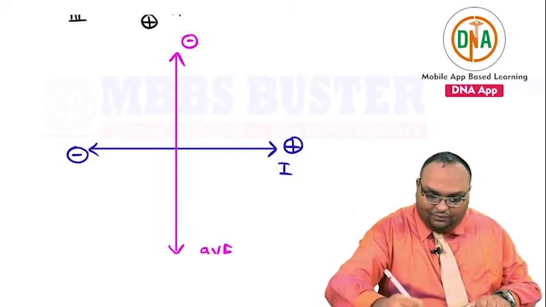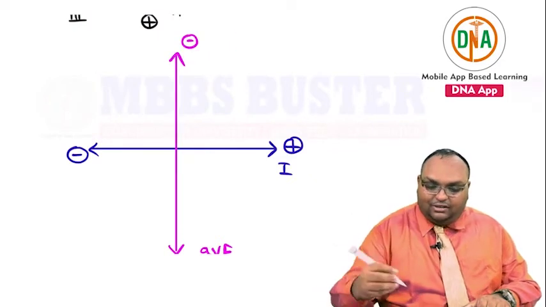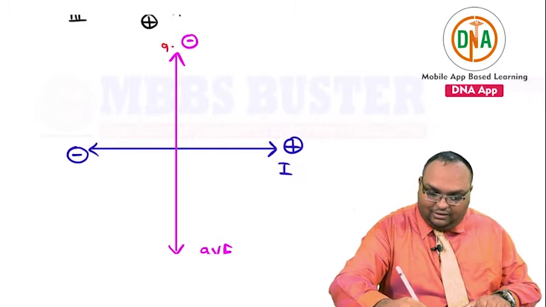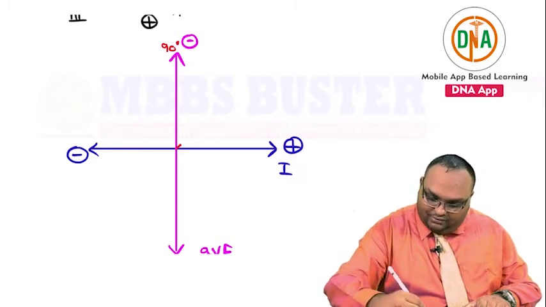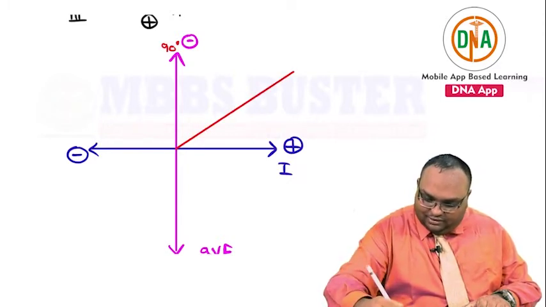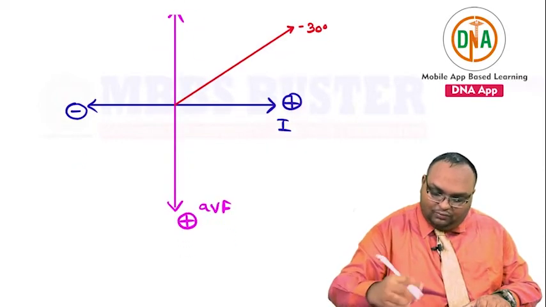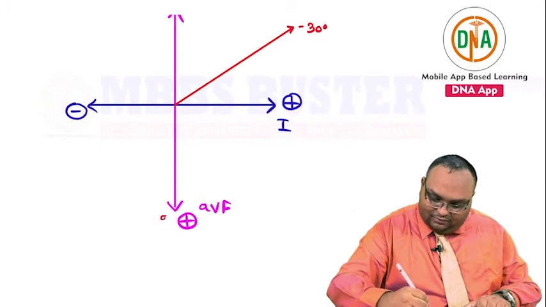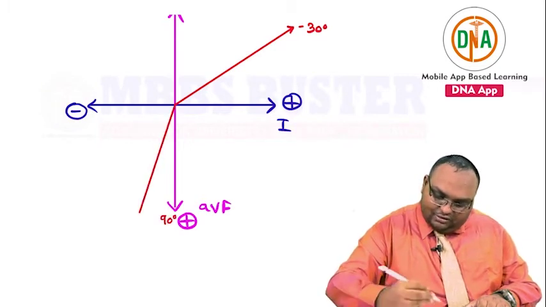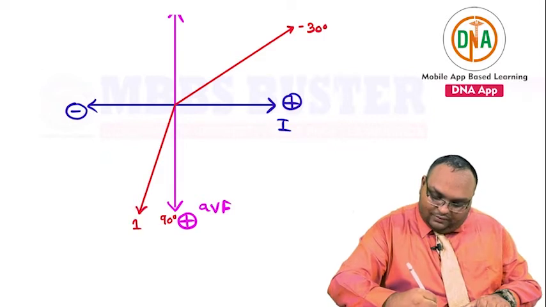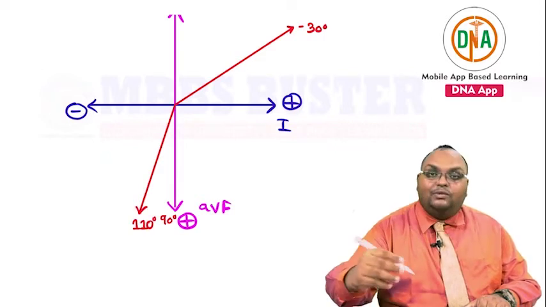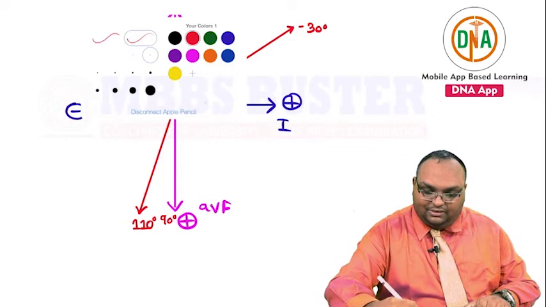So note that value. If this is minus 90, minus 30 would be somewhere here, and to plus 110: if this is plus 90, then this is plus 110. Anything which comes in between this is normal axis.